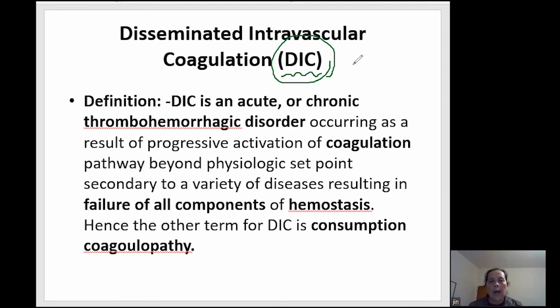We say blood clots inside the blood circulation will not send blood or oxygen to the tissue. The tissue will lose oxygen, and they also cause bleeding. So that's a very severe kind of disorder.